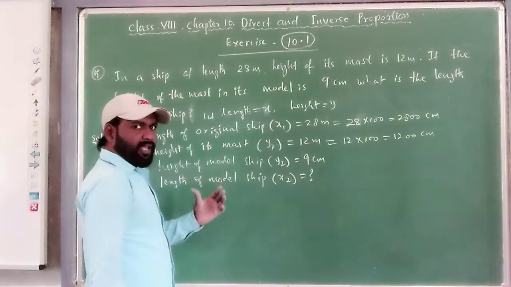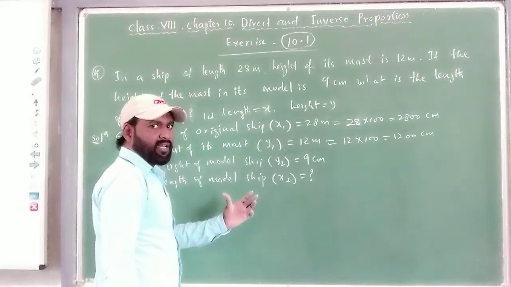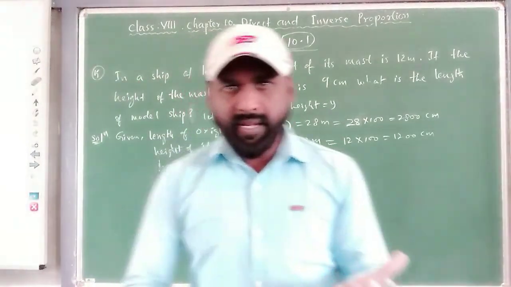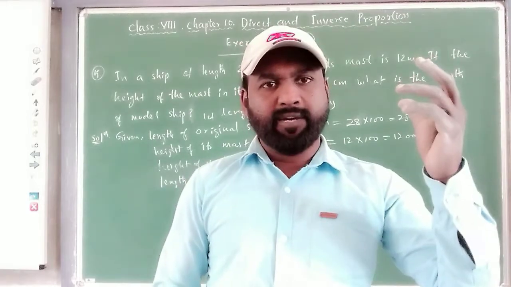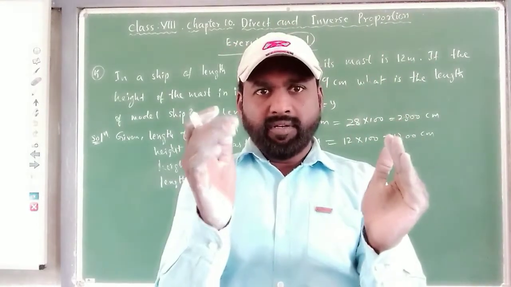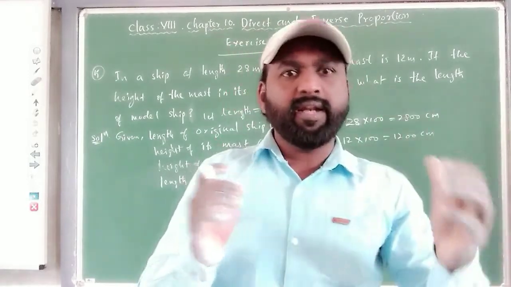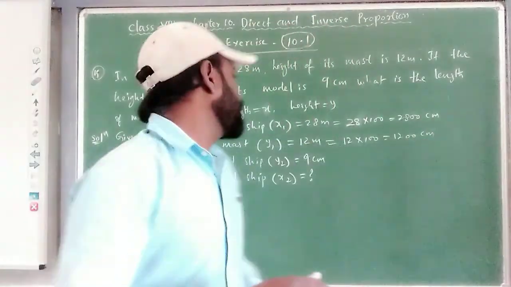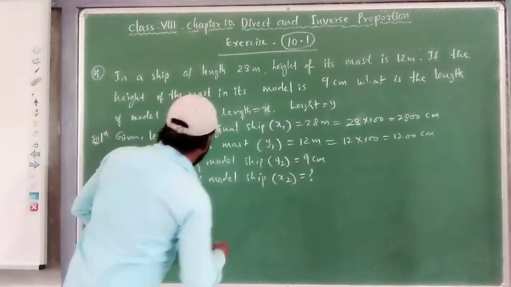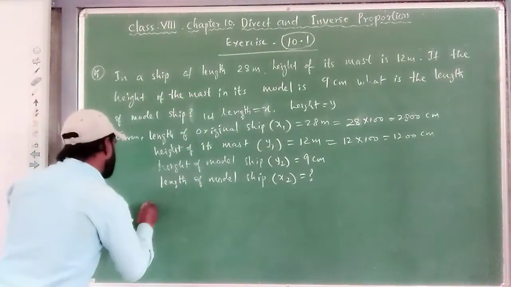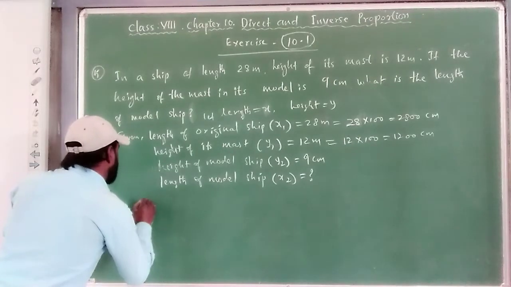We know that length and its mast height are in direct proportion. Actually, both length and height are not in direct proportion. The original ship and its model are in direct proportion. So let us write that both are in direct proportion.